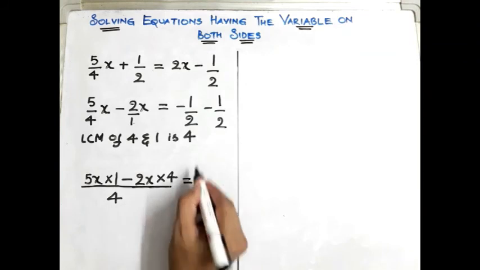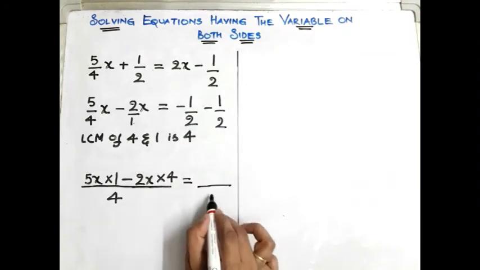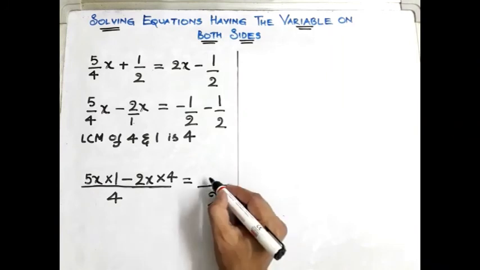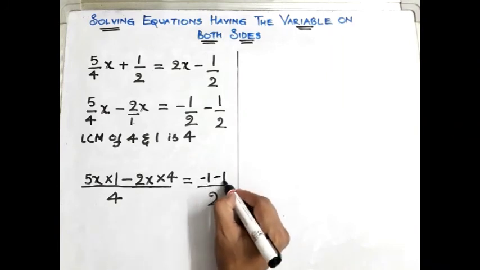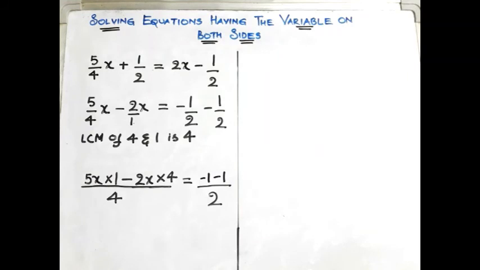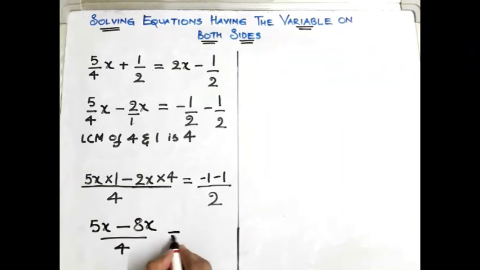Is equal to, being the same denominators, 2 will come as it is, minus 1 minus 1. For this there is no need of finding any LCM. Now look, 5x into 1 is 5x, minus 2x into 4 is 8x, by 4 is equal to minus 1 minus 1, which gives us minus 2 by 2. Now here we can cancel, 2 ones are 2, 2 ones are 2.